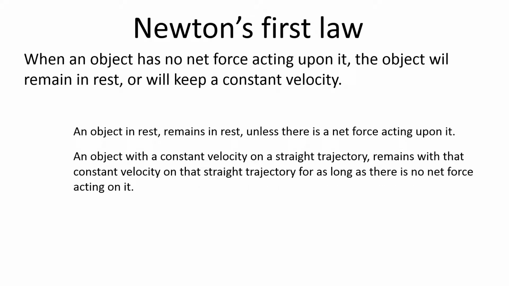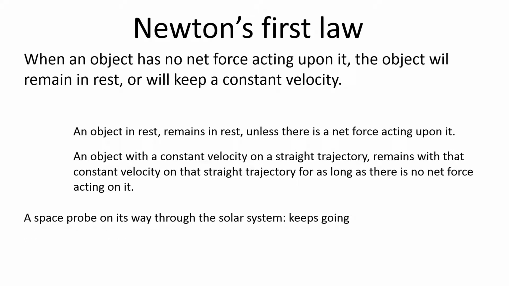Or an object with a constant velocity on a straight trajectory remains with that constant velocity on that straight trajectory for as long as there is no net force acting upon it. I like to put focus on the word net force. It means there can be several forces on the object, but as long as those are equal, there will be no change in velocity. But if there is a net force, then you will have a change in your situation.